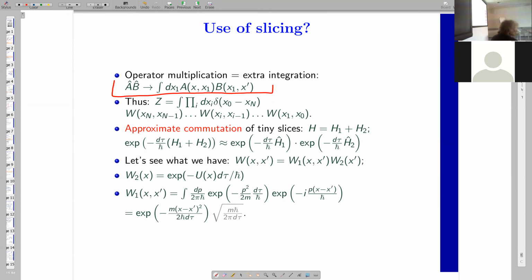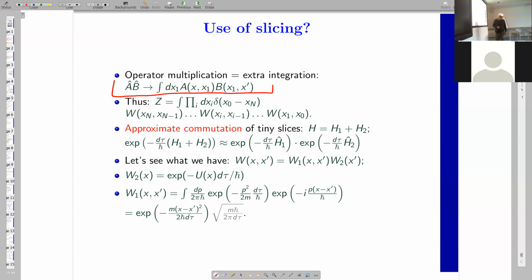So multiplication of two operators is just integration, and to accomplish it you introduce lots of new integration variables. You write a very multi-dimensional integral, right?